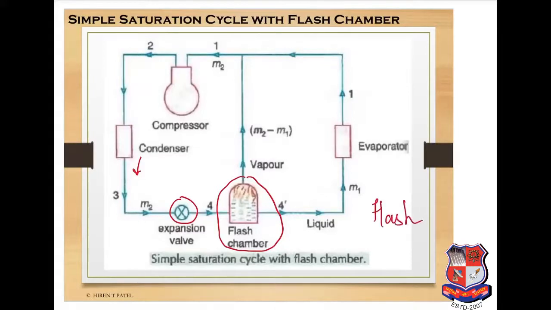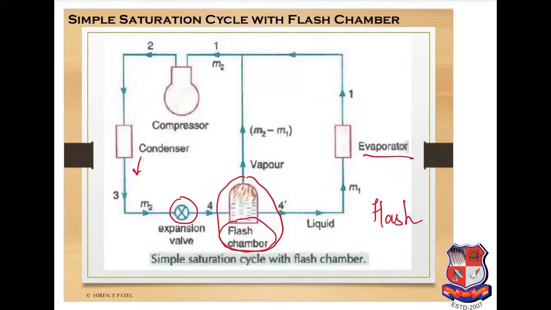That partial evaporation of liquid refrigerant is known as flash. The vapor generated during the expansion is known as flash, and its removal occurs inside the flash chamber, as this flash is of no use in the evaporator. It does not produce the refrigerating effect because it has no ability to absorb heat. So additional equipment known as the flash chamber is attached into the cycle.